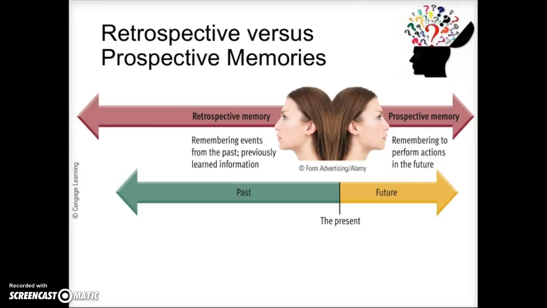Sometimes we spend an awful lot of time thinking about and obsessing about things that have happened in our past. If it's happened in the past, I cannot change it. I cannot build a time machine, quite yet, and go back and undo what was done. So I may spend too much working memory capacity in this moment obsessing and focusing on a past mistake.